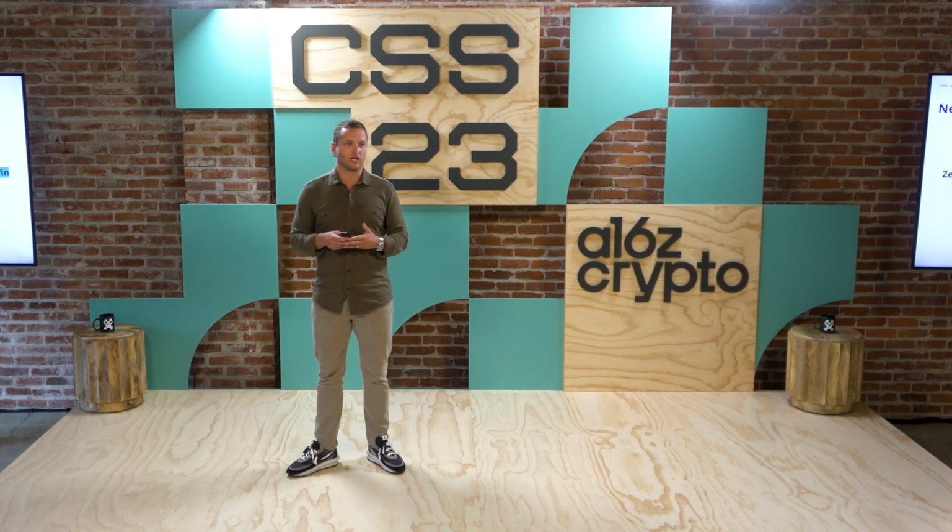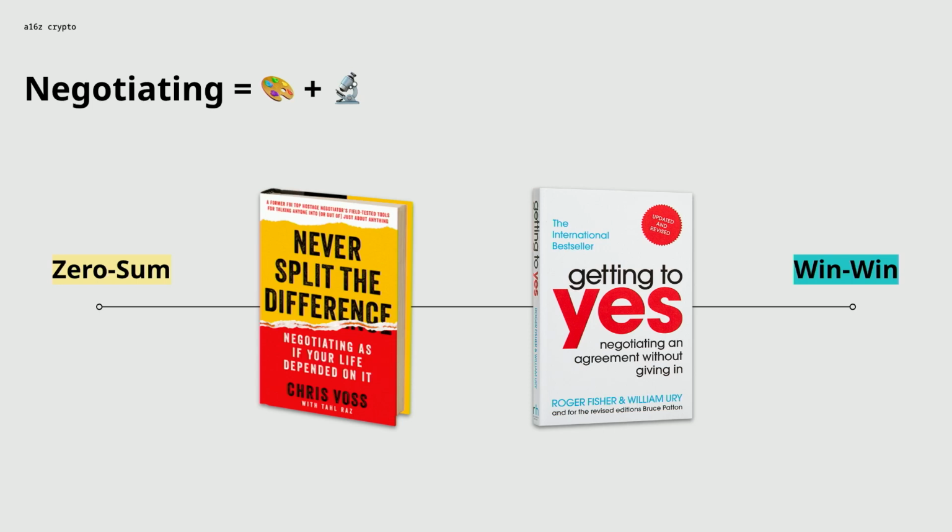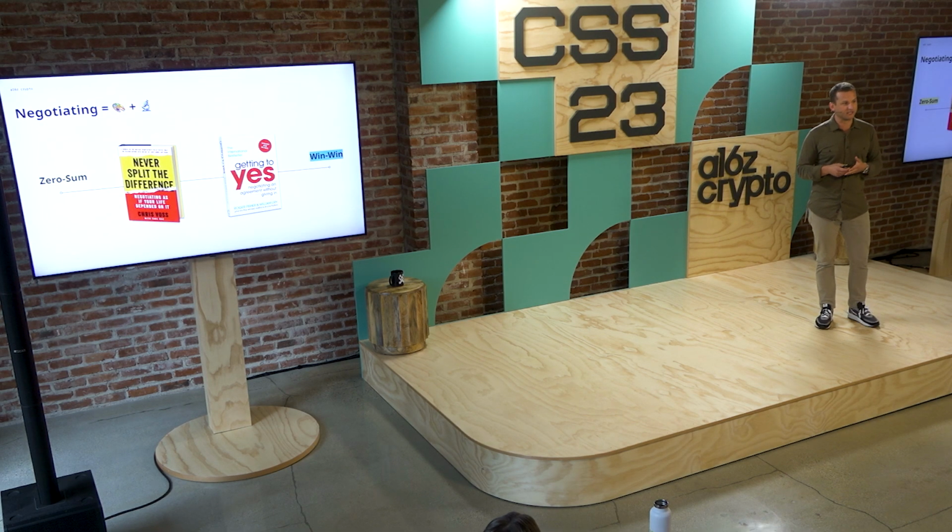So you can think of negotiating as this spectrum of zero-sum versus win-win. And of course, some negotiations are zero-sum. There will be a winner and there will be a loser. And there's a fabulous book called Never Split the Difference, and that will help educate you on how to negotiate tactically through zero-sum outcomes. There's also a book called Getting to Yes.